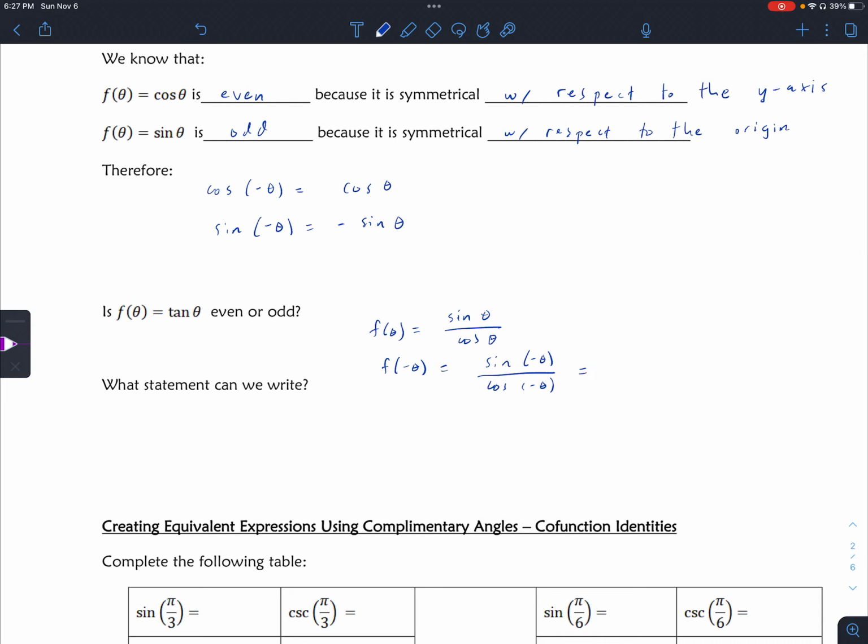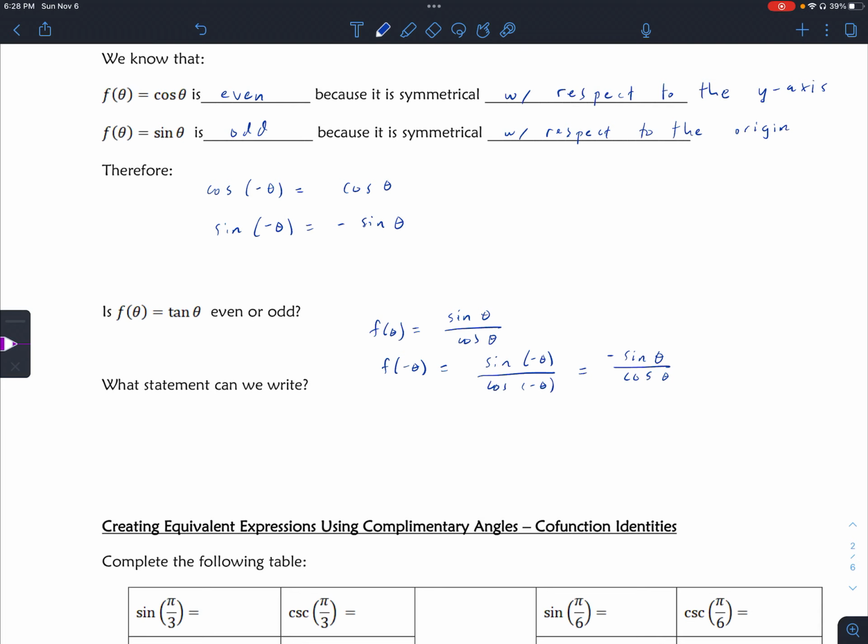We already know that sine of negative theta, because sine is an odd function, returns negative sine theta. Substituting negative theta into cosine theta gives back positive cosine theta, because cosine is an even function.